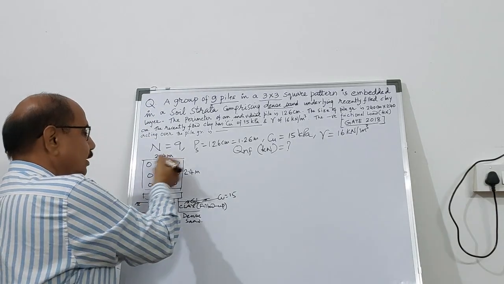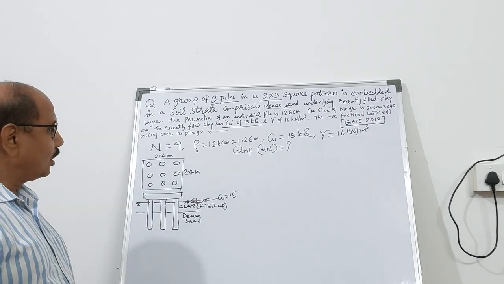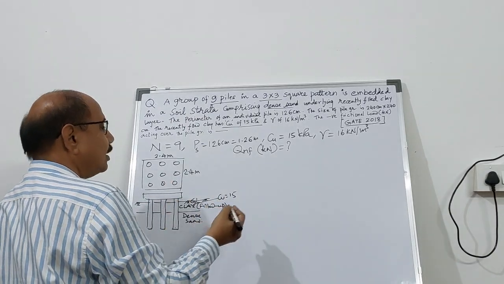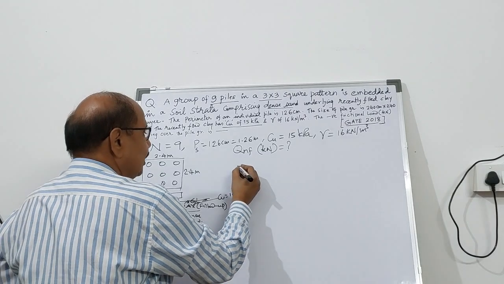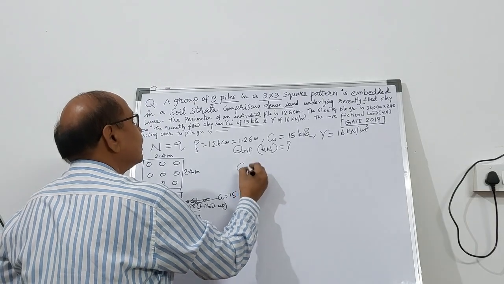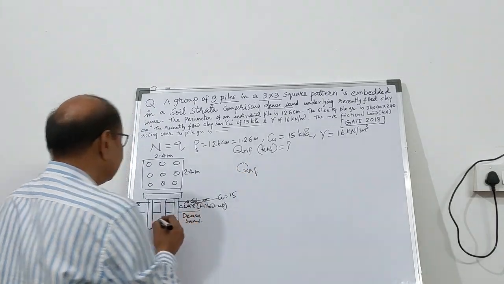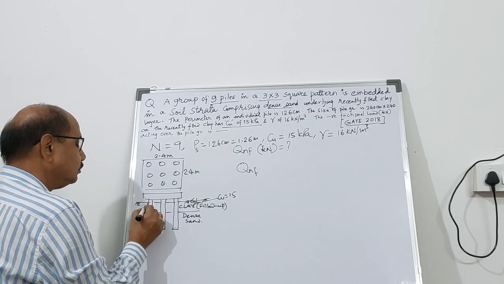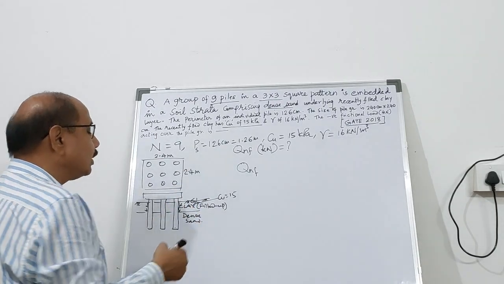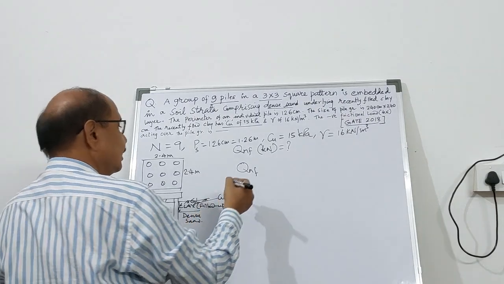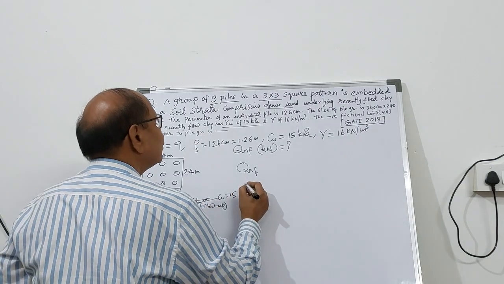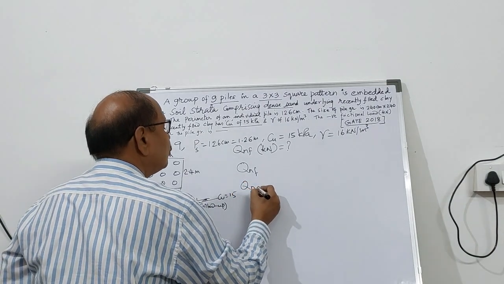So this is the total diagram, and you can calculate for an individual shear condition. You know that the negative friction develops because this clay is going to settle, and the negative friction for a single pile you can find out, and you can also find out for the pile group.